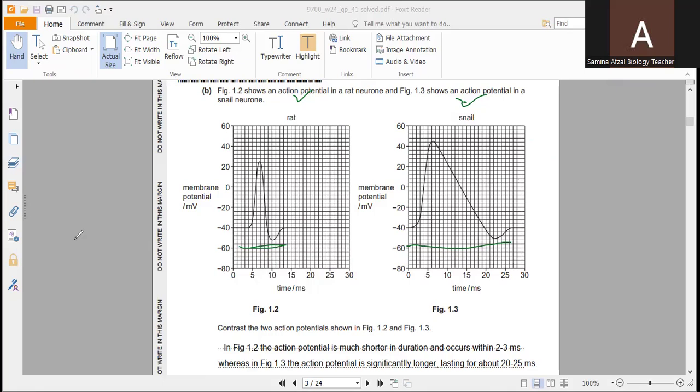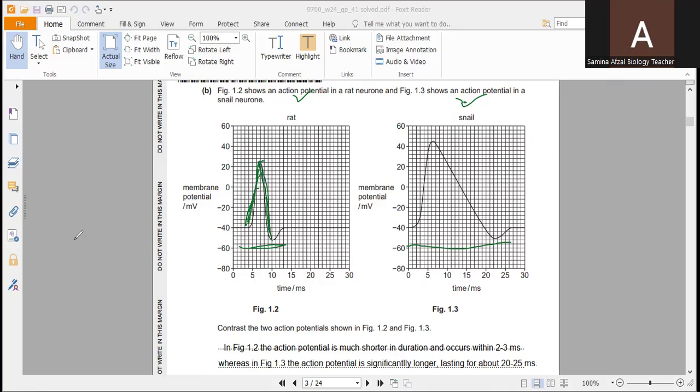The rate of depolarization and repolarization is also different. What is depolarization? It is the rising phase. In the rat, the rising and falling phases are very rapid, and the slopes of these phases are very steep.